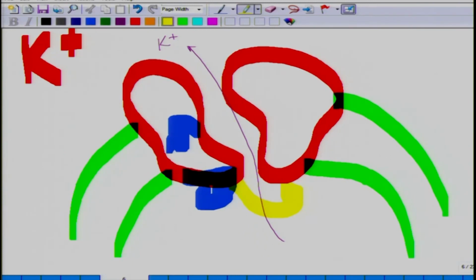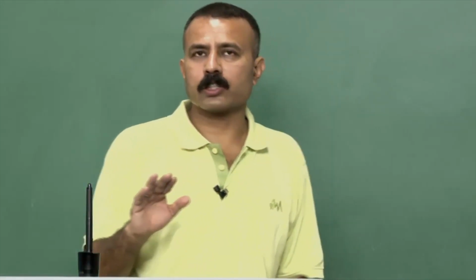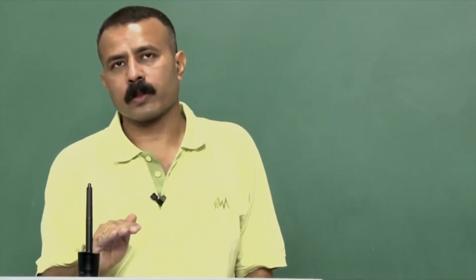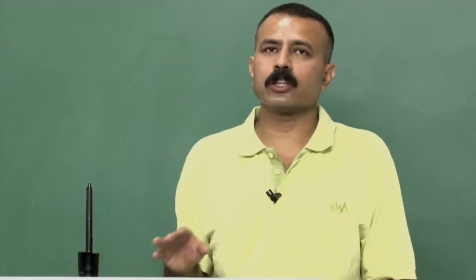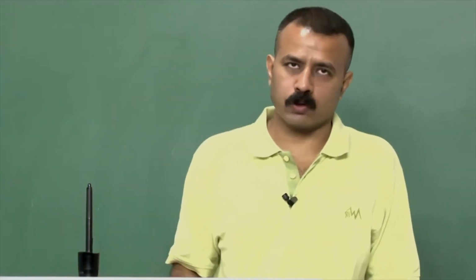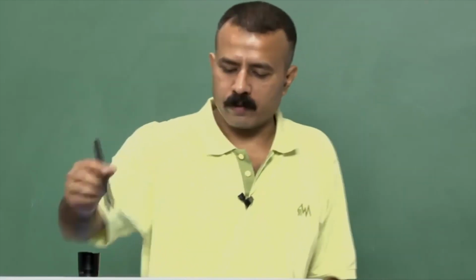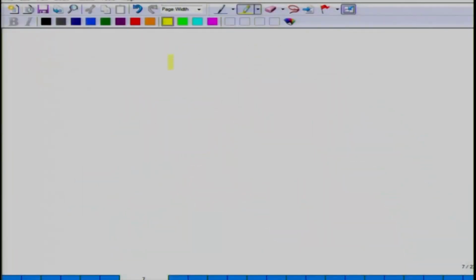So, these are the basic structures before I explain some of the different variations of the potassium and the sodium channels. Similarly, you have calcium channels, you have chloride channels, and so on and so forth.